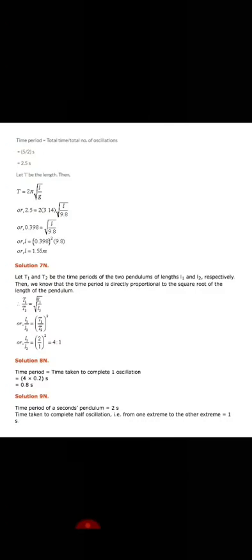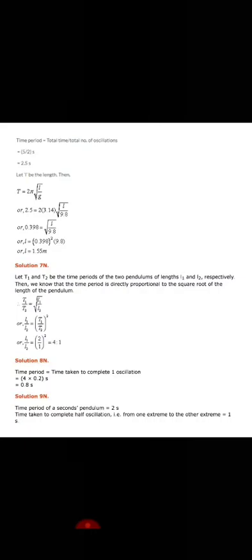Next sum. The time periods of two pendulums are given as 2:1. You need to find the ratio of their length. I know time period is directly proportional to root of length. So T1 by T2 is root of L1 by L2. I do not like root sign, I will square.